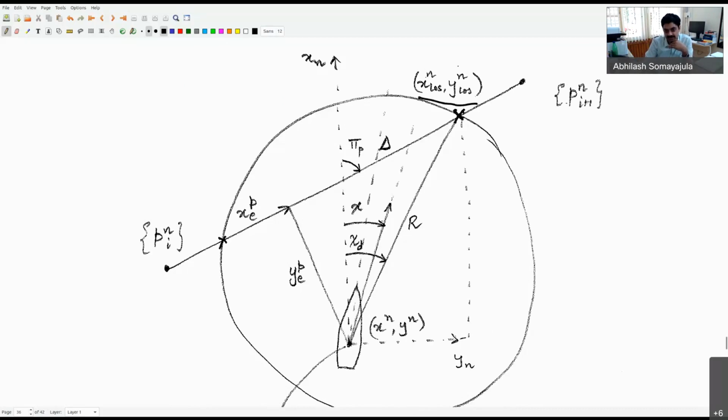Once I know those coordinates and I know my current position, I simply take tan inverse of (y LOS minus y, x LOS minus x). So basically, I'm trying to point my velocity vector along this radius direction. That's what I'm essentially saying. Okay.